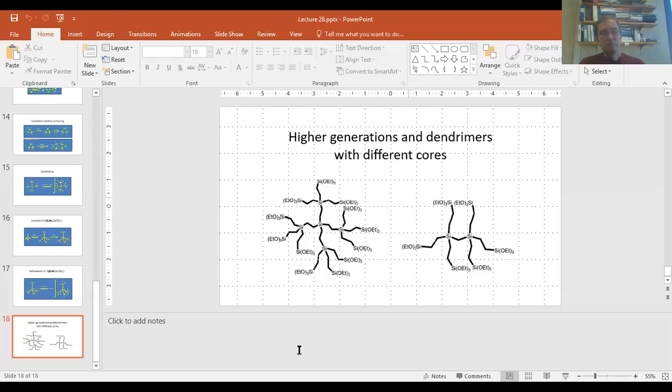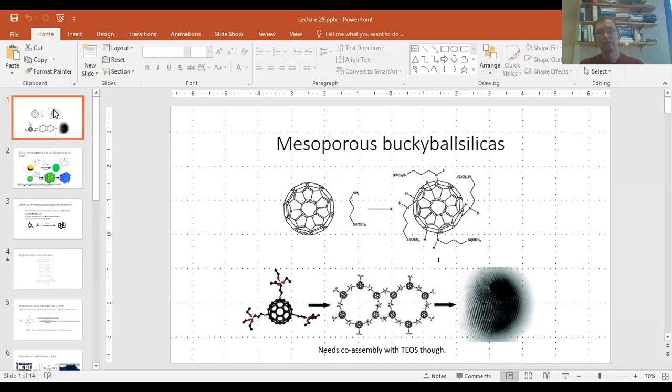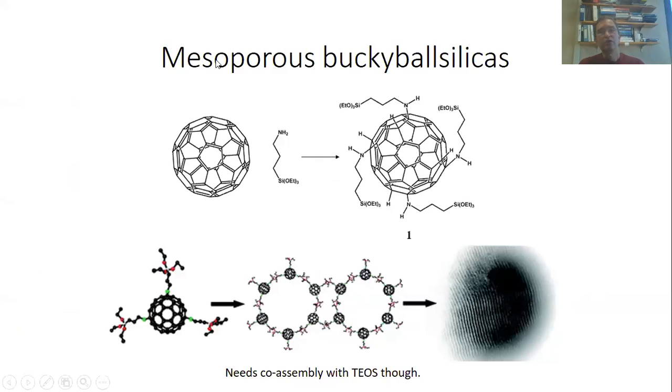All right, now we can expand this kind of chemistry even further, to what are called periodic mesoporous buckyball silicas. You can use fullerene as a core and then functionalize such a fullerene with triethoxysilyl groups.